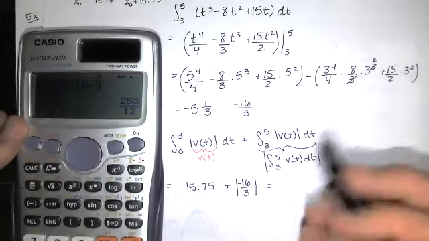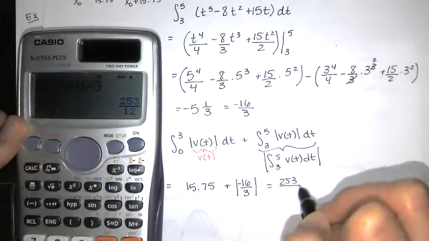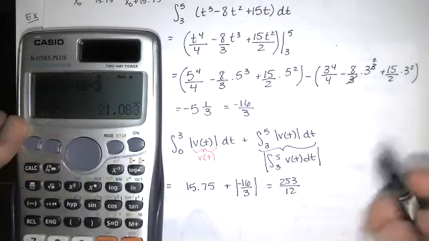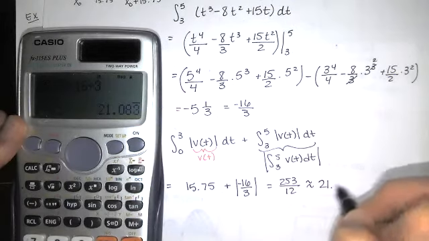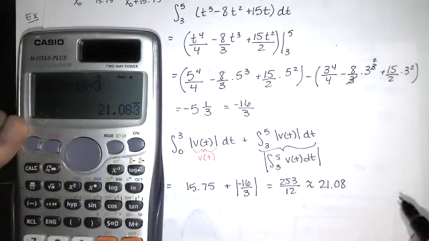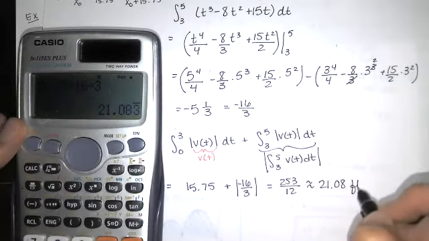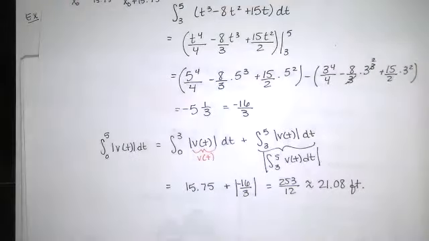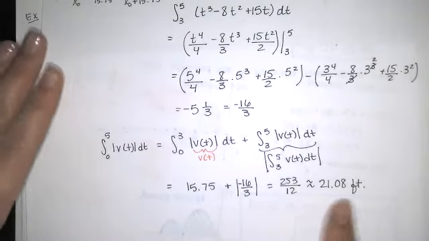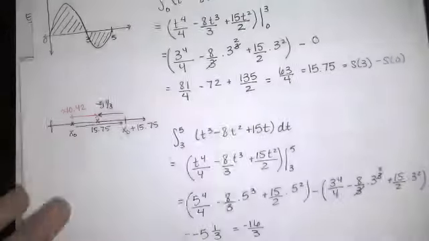And we get 253 over 12, which is approximately 21.08, and our velocity was in feet per second, so this is feet. We traveled a distance of approximately 21.08 feet.